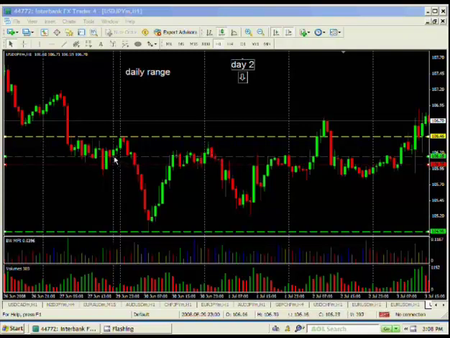And just like here, we can anticipate price moving up to challenge prior resistance, and if it does that first at the open, then we anticipate a down day, and vice versa.